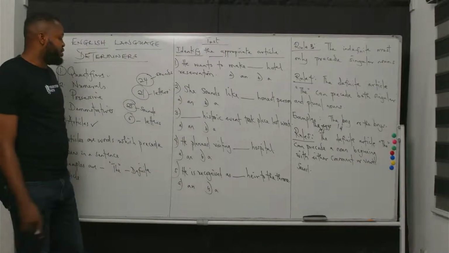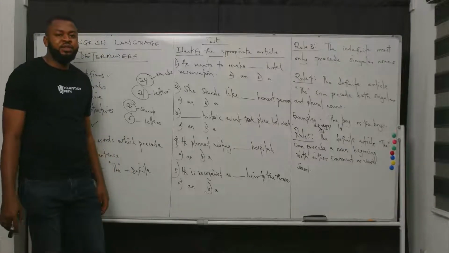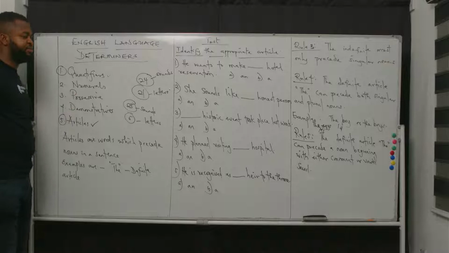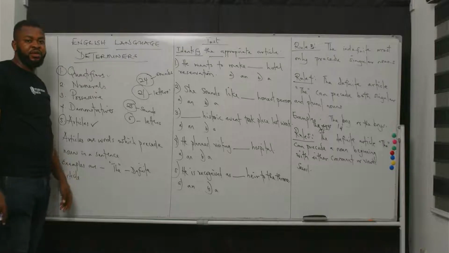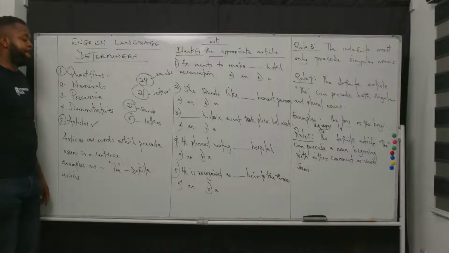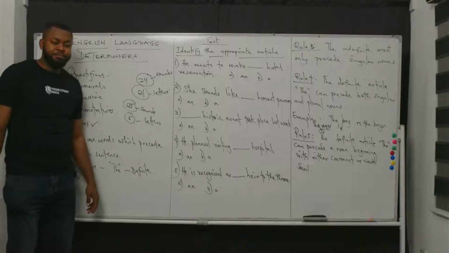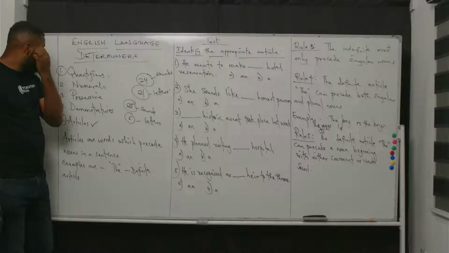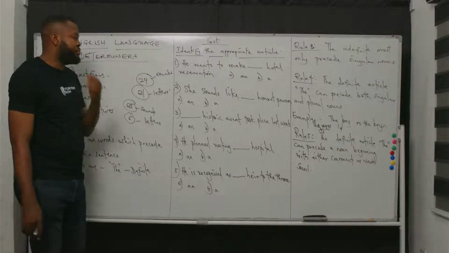All right, class. So you have five questions. Can you attempt it now? Let's go. Before I move to the next aspect of the determiners. All right, 5 questions. And the instruction is to identify the appropriate article. I just finished with articles now. So I've given you 5 questions. Let's attempt quickly. From what I've taught you, quickly pick the appropriate article. We're going to take the correction together.